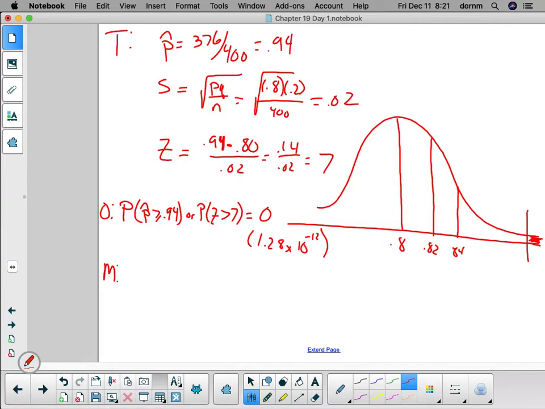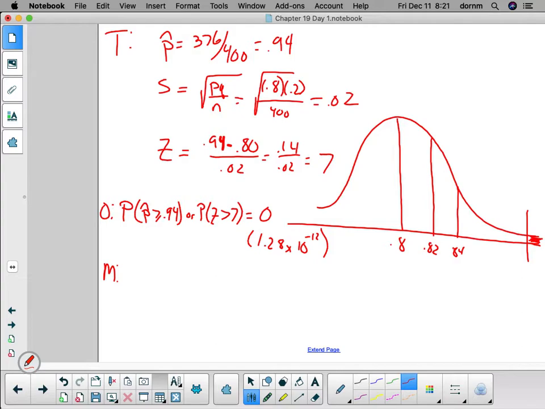Now I need to make a decision. My p-value is obviously very, very, very small. Way less than any alpha would ever be. So are we going to reject the null, or are we going to fail to reject the null? Let's think about the words here, because if we think about the words, it's going to tell us what to do.